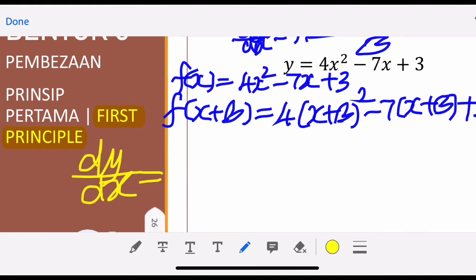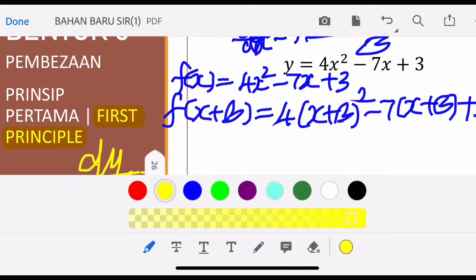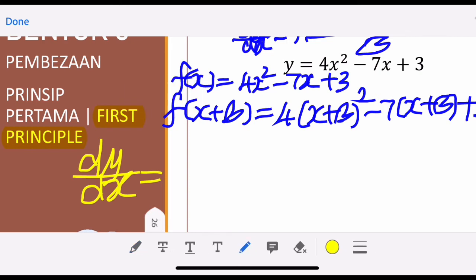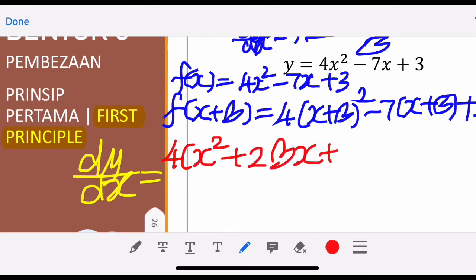So for (x plus lobshape) squared, you should know how to expand. Okay, it's actually 4, alright, x squared, right, plus 2x lobshape, or 2 lobshape x, the same, plus lobshape squared, minus 7x minus 7 lobshape plus 3, and then we have to minus out the function f(x), which actually we need to put a bracket, right, so that when you minus, you won't make a careless mistake.